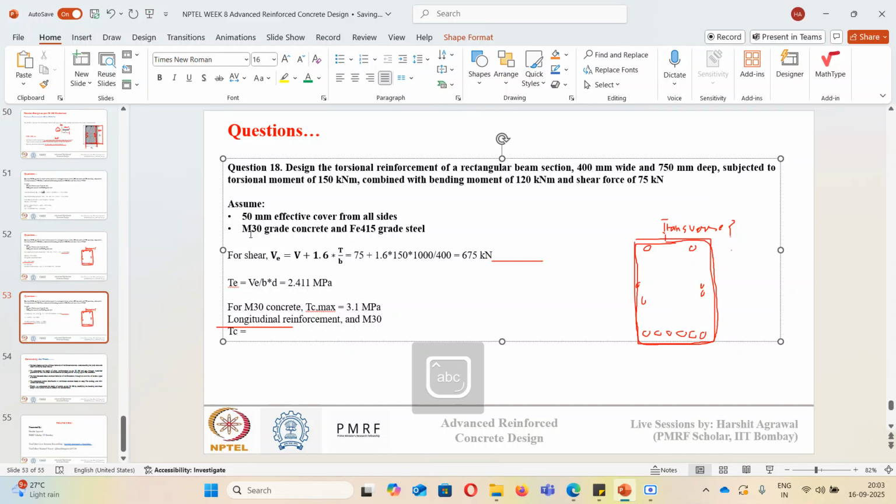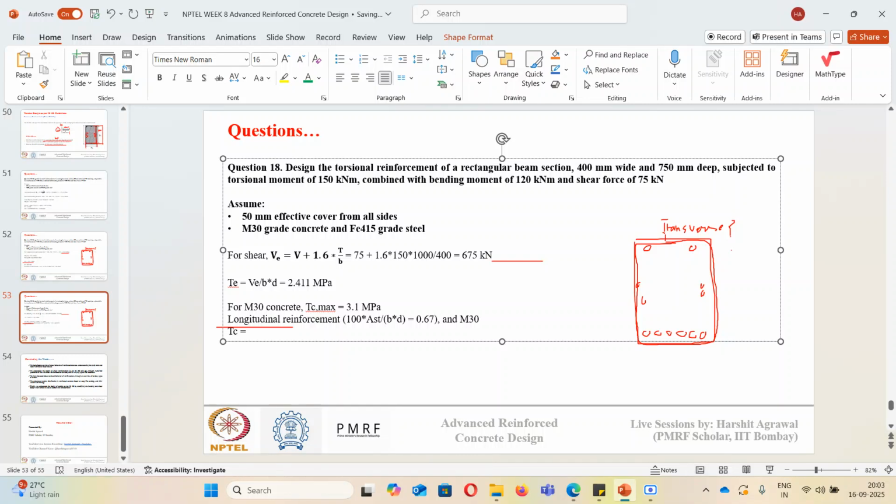Longitudinal reinforcement means this on the tension side that we are considering. So this reinforcement percentage is given by 100 times AST upon b times d. Whatever AST we provided, this calculation will come out to be 0.67.